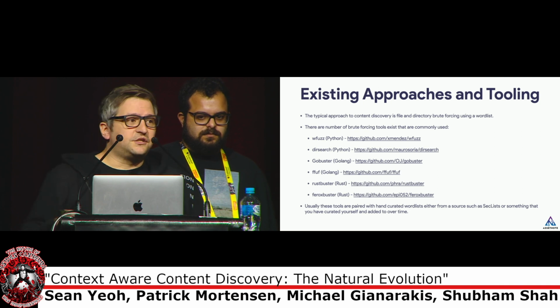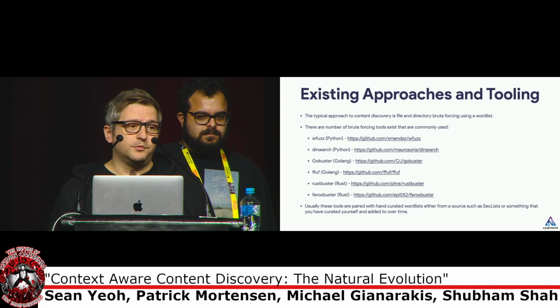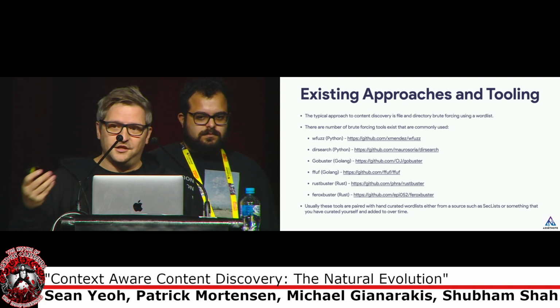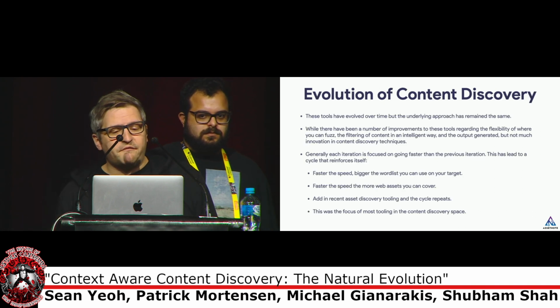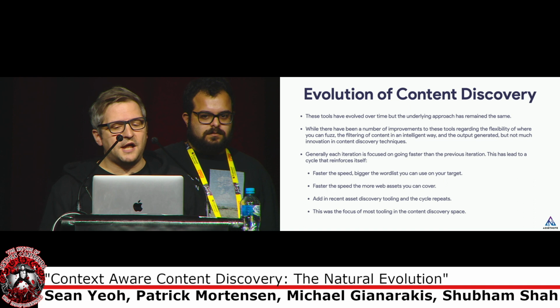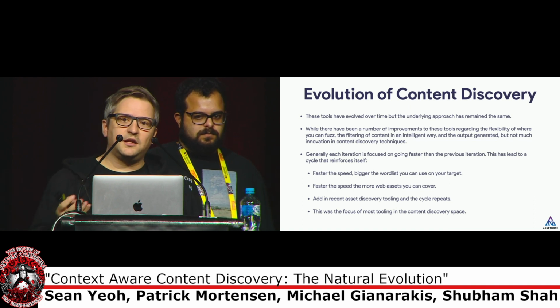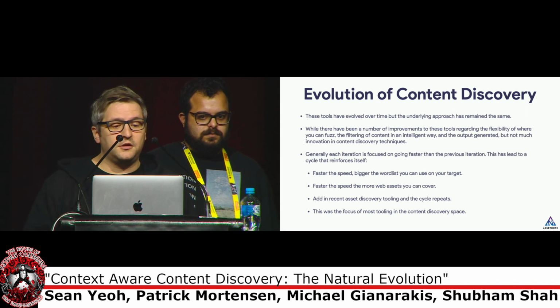And usually these tools are paired with some sort of hand-curated word list, maybe from a source like SecLists, or maybe something that you've built yourself and added to over the years. And so these tools have evolved over time, but ultimately the underlying approach has remained the same. You have the tool, you feed it a word list, and you feed it a list of assets that you're pointing it to, and it goes there.